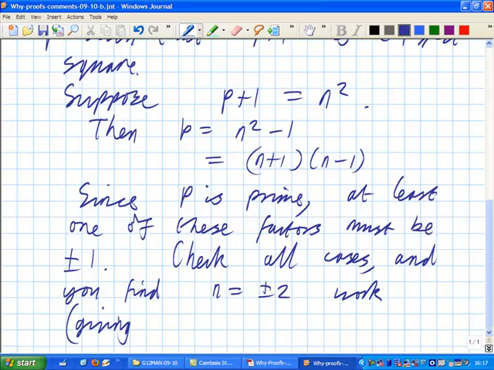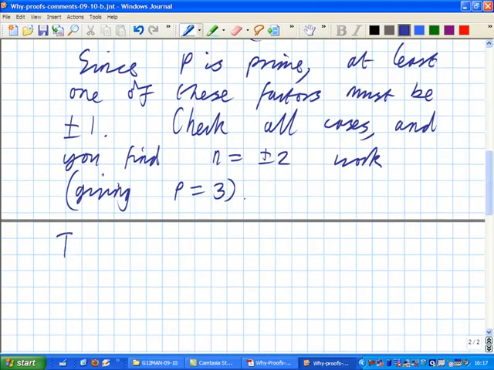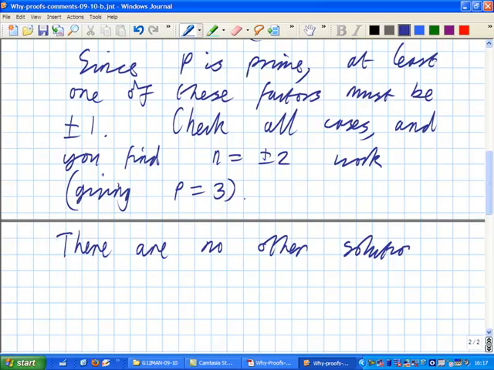Giving p equals 3 again. And n equals 0 doesn't work, for example. So nothing else works. I'll leave it as an exercise for you to generalize that result in any way you can think.